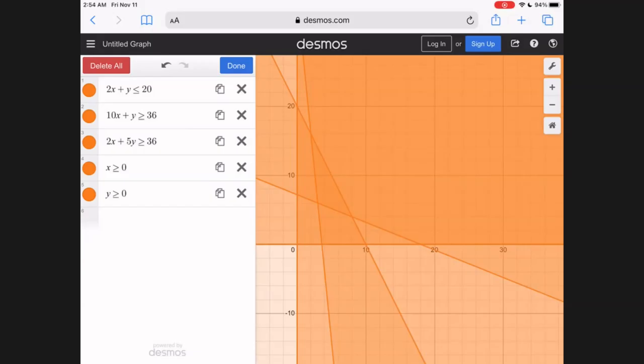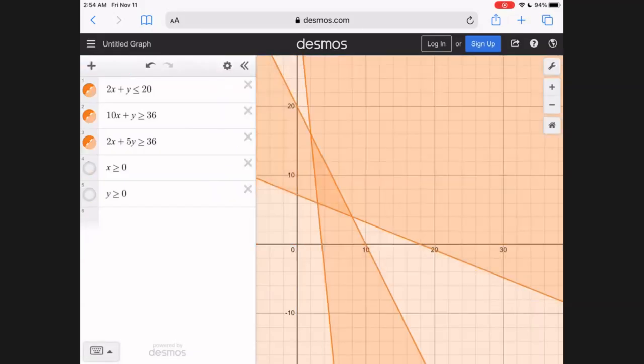One thing to note, I'm going to take off the two at the bottom here. If you look at this, you can easily tell where all three of those cross. It's that triangle. And the two non-negative ones would just tell you it has to be in the first quadrant. Since this triangle is in the first quadrant, that's going to be what it is.